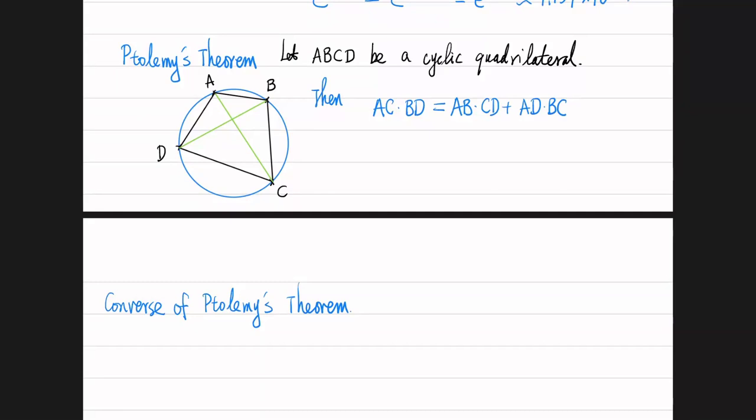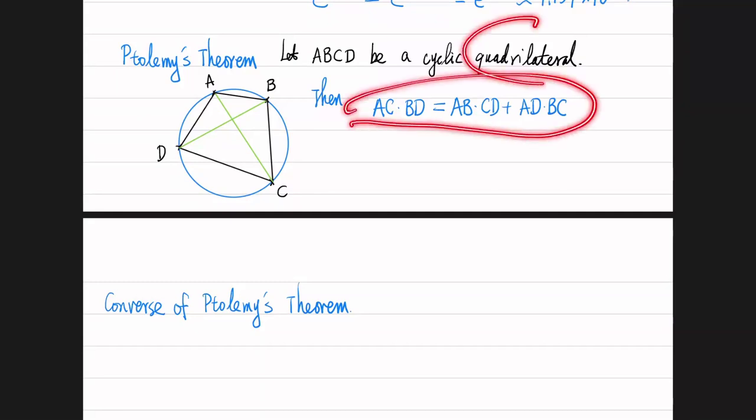The converse is that if we have this identity for a quadrilateral, then it must be cyclic.